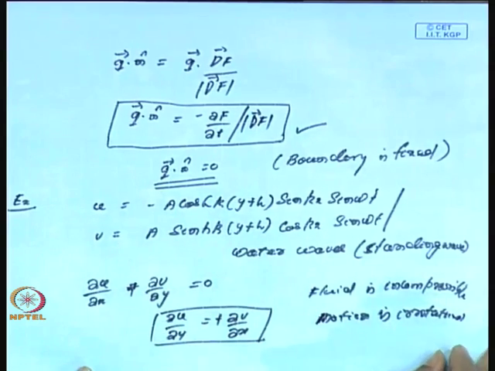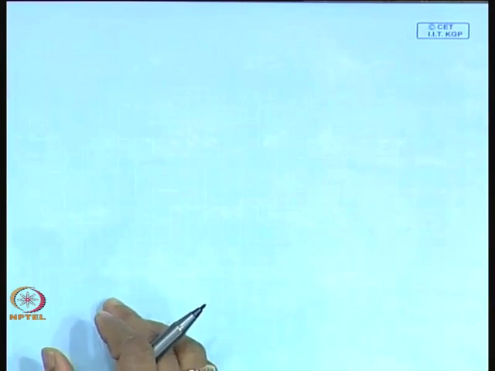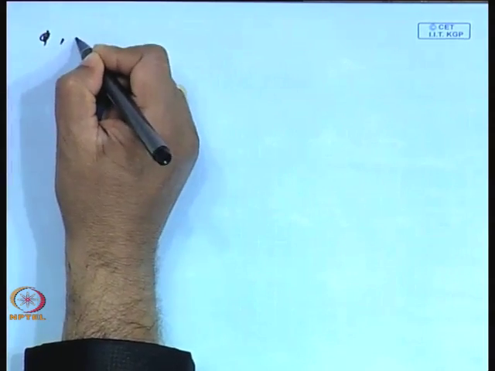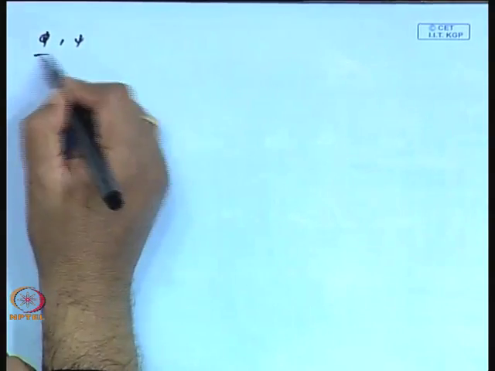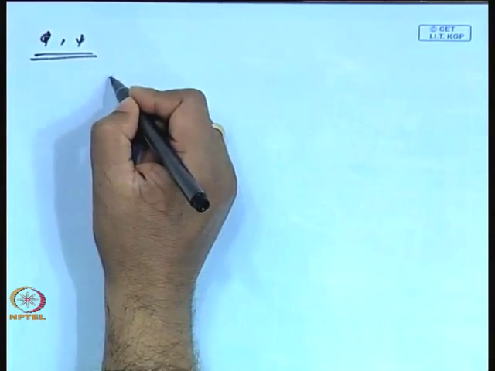Once these two things are satisfied, then what is our velocity potential? We have to find our velocity potential or streamlines, and because the flow is irrotational, the vorticity vector will be 0. So, we only have to find the velocity potential phi and the stream function. To find phi, u has been given.